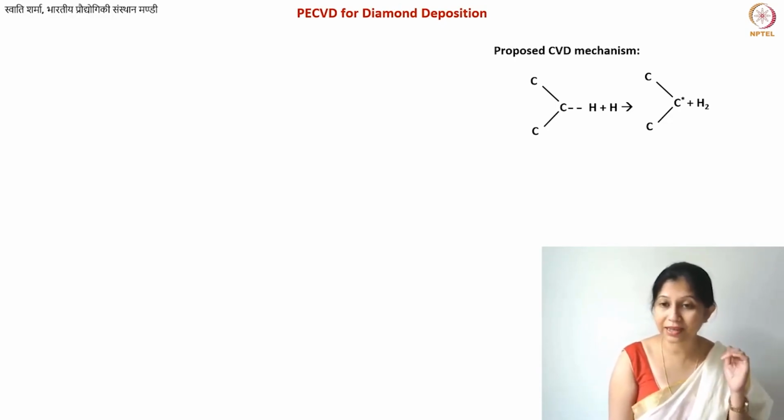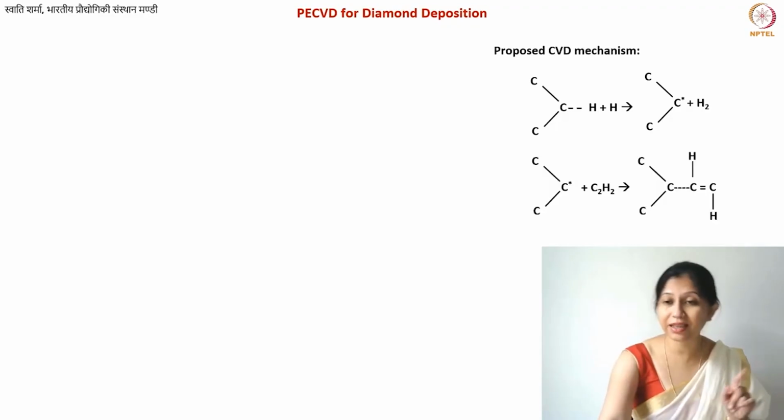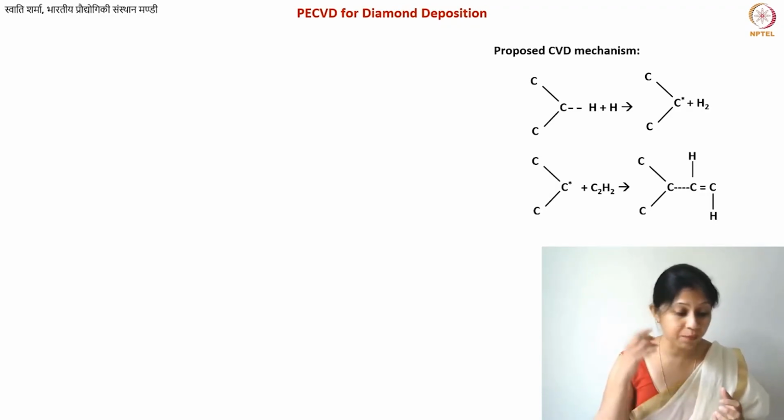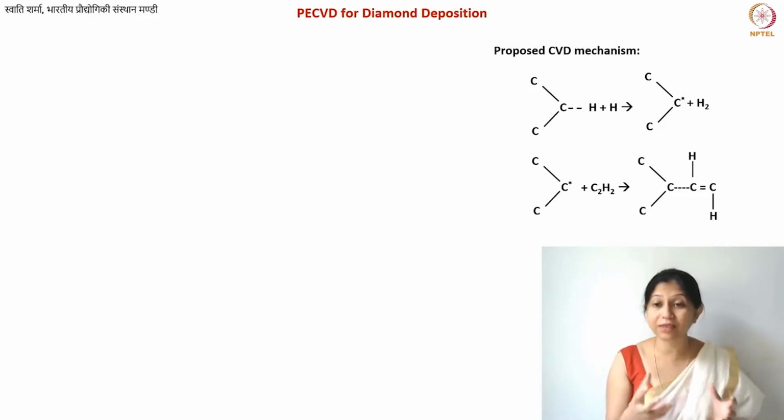So you will now have this C3 radical: 3 carbon atoms in the shape of, let's say, a pyramid, and the 4th one, where you had the hydrogen, now the hydrogen is gone. So now what you have is a C3 radical. This C3 radical then needs a 4th carbon atom. That 4th carbon atom comes from the acetylene species present in the system.